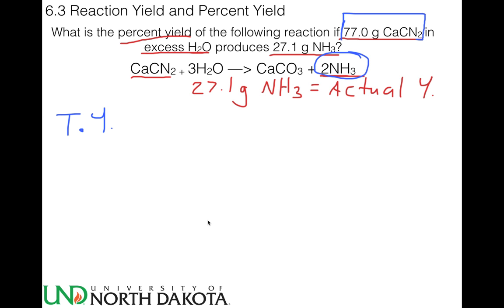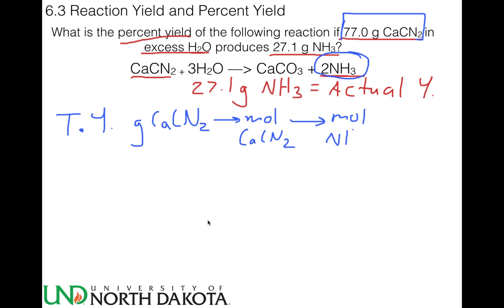Now we're going to follow the same steps as before. We'll start with our grams of calcium cyanide, and we'll go to moles of calcium cyanide using 1 over the molar mass. Then we'll go from moles of calcium cyanide to moles of ammonia using the mole ratio from the chemical equation.